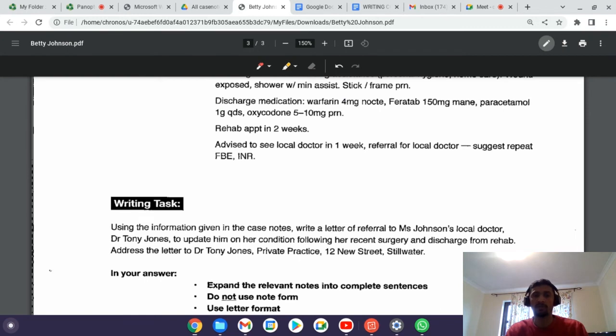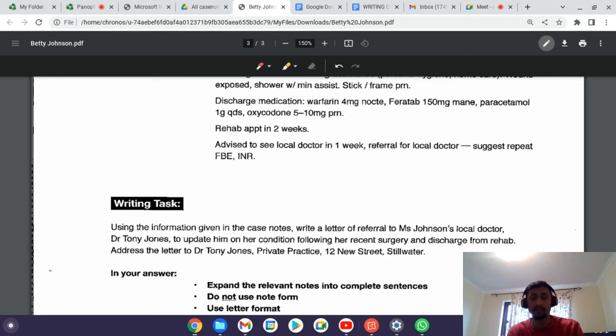Address the letter to Dr. Tony Jones, private practice, 12 New Street, Stillwater. And in your answer, expand the relevant notes into complete sentences. Do not use note form, use letter format. This is just for the beginners, the candidates who are being introduced to OET writing. So this is your writing task.